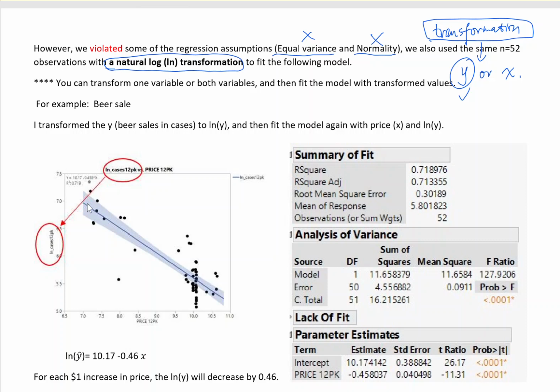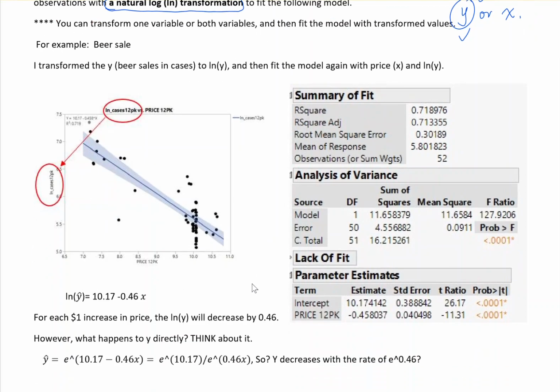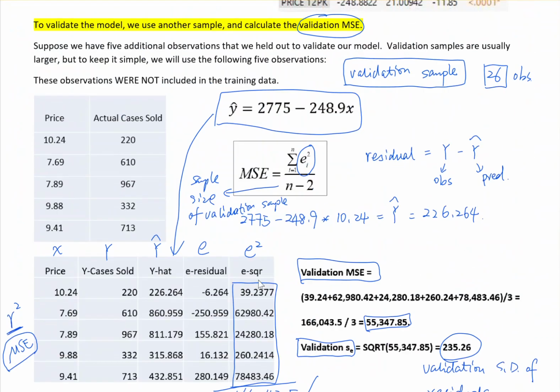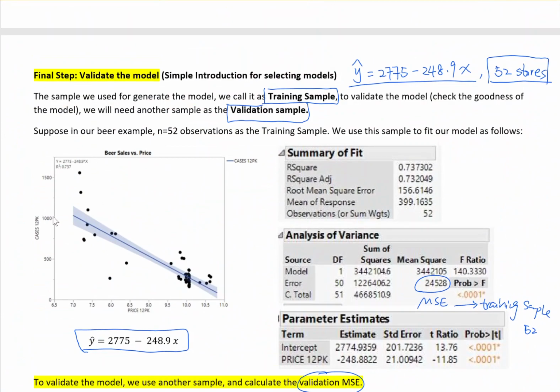When we look at this scatter plot, it looks linear, but not strongly linear. It shows some linear pattern, but if you look at the details, it looks more curved, right? So although you can consider it a linear relationship, it is more like a curved relationship.